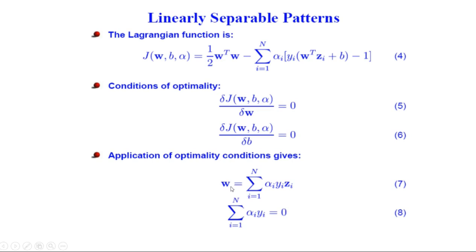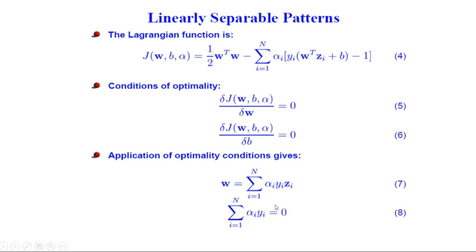So the optimal weights of the decision surface are calculated as sigma over i ranging from 1 to n of alpha i yi zi, where zi is the input vector, yi is the output label +1 or -1, and alpha i is the Lagrangian coefficient. And if you perform the other differentiation and set it equal to 0, you will get this equation.